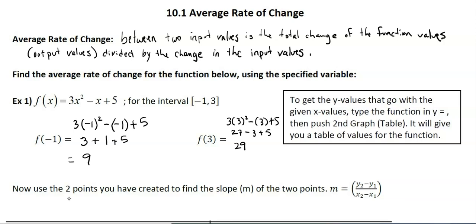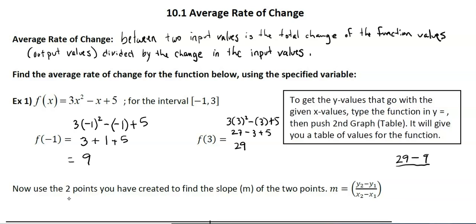It says now use the 2 points that you have created to find the slope m of the 2 points. So the slope, m, is the variable we often use to talk about slope. And so we say 29 minus 9. And the y2 and y1, x2 and x1 refer to the points.